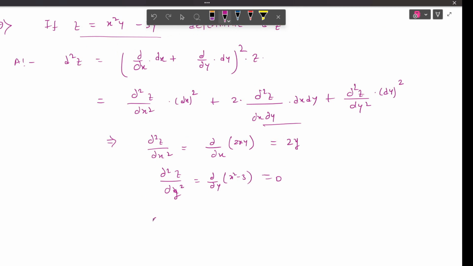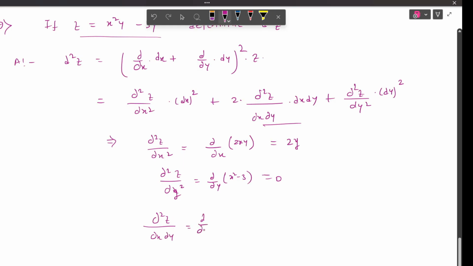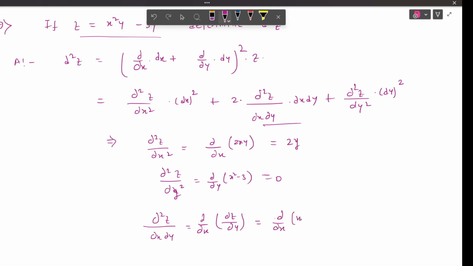So let's calculate this. Del square z upon del x del y, which is del x of del z by del y, which is x square minus 3. So this is del x of (x square minus 3). So this will be 2x.